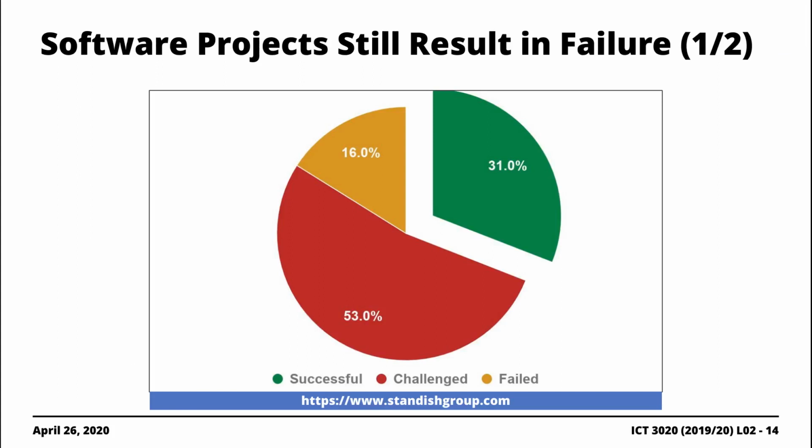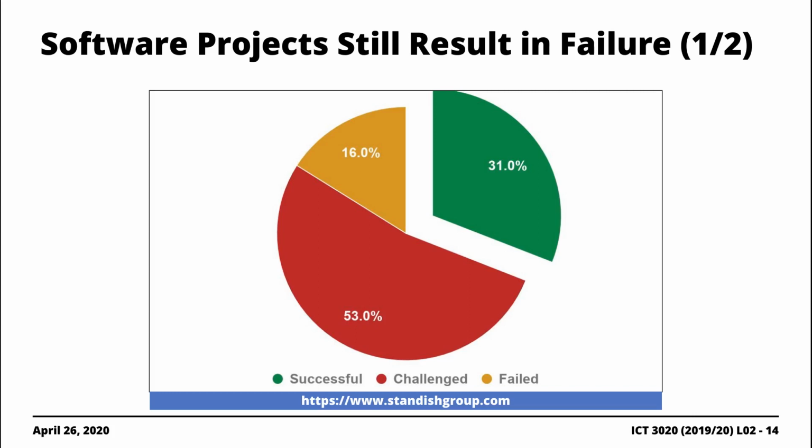It gets even better. Interesting statistics have been collected by certain entities. The most popular statistics are the ones produced by the Standish Group. Beginning maybe in the 90s or the early 2000s, they began to really collect statistics associated with success and failure of software projects, right?